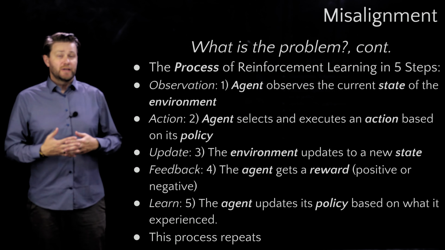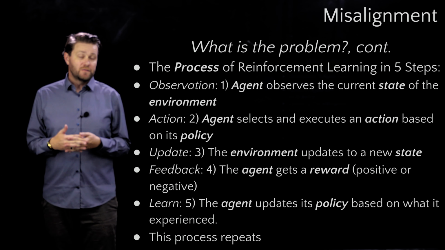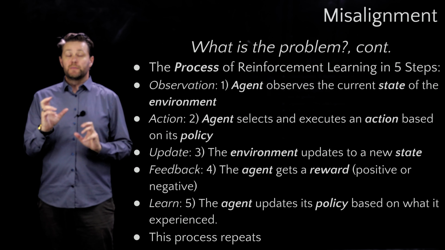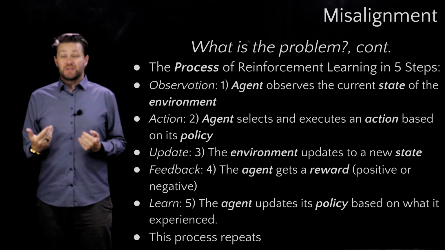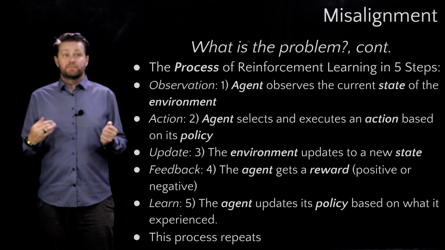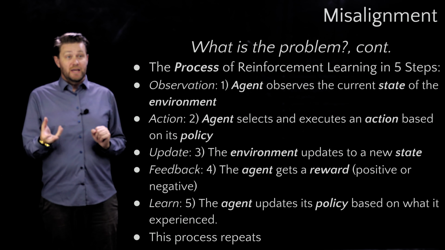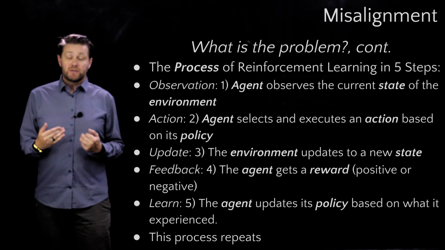Okay, and let's translate those elements into an actual process that we can talk about in 5 steps. So how all those elements work together. The first stage is the observation stage, where the agent observes the state of the environment. Then the agent has to decide what action to take and takes that action, and that's going to be based on its policy.